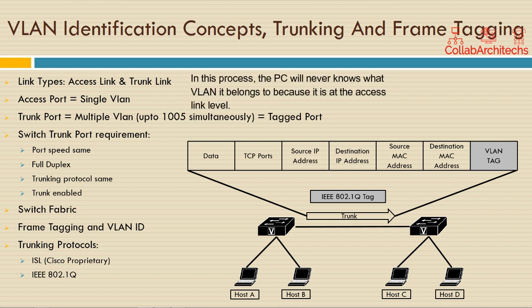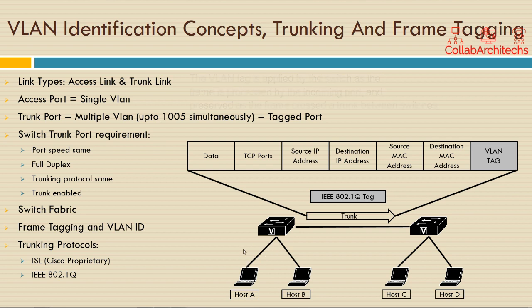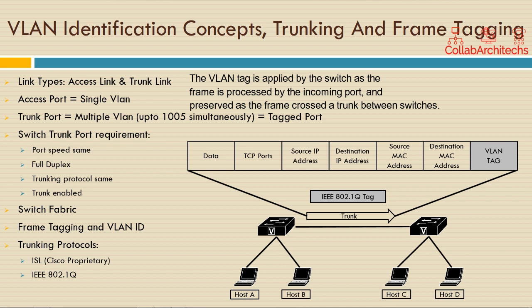In this process, the PC will never know what VLAN it belongs to because it is at the access link level. The VLAN tag is applied by the switch as the frame is processed by the incoming port and preserved as the frame passes across a trunk between switches.